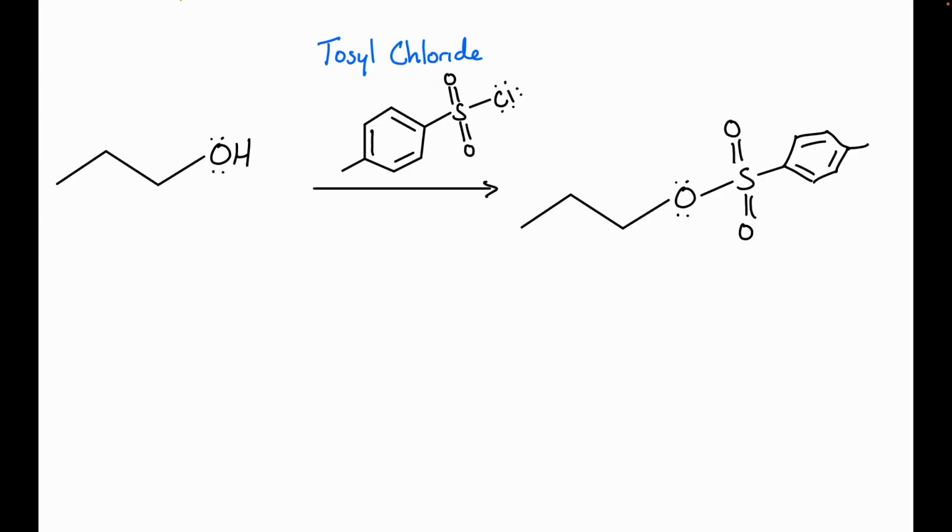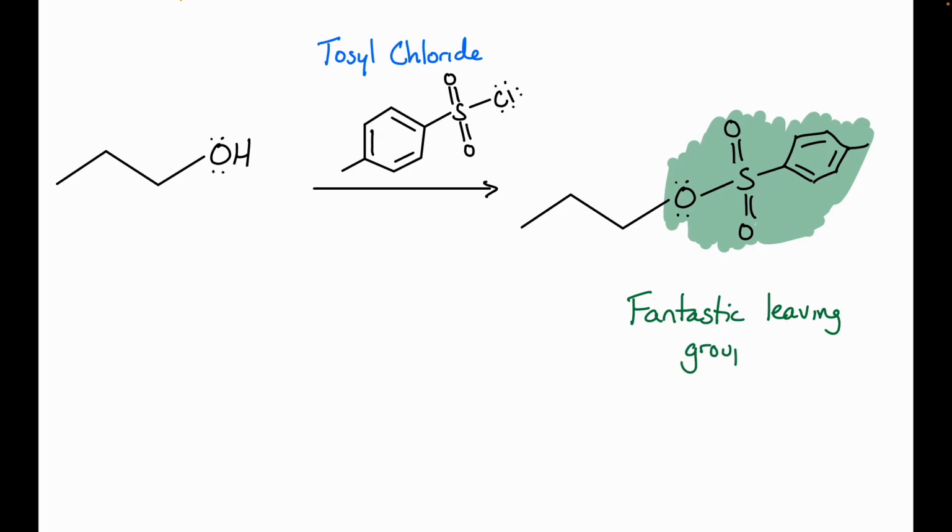Okay, and the whole point here is we created this big ugly monster, but this thing right here is just about the best leaving group that you could possibly have, right? So by treating that alcohol with tosyl chloride, we have created this fantastic leaving group. So then we could turn around and treat this molecule with our nucleophile, and we would get our substitution reaction.